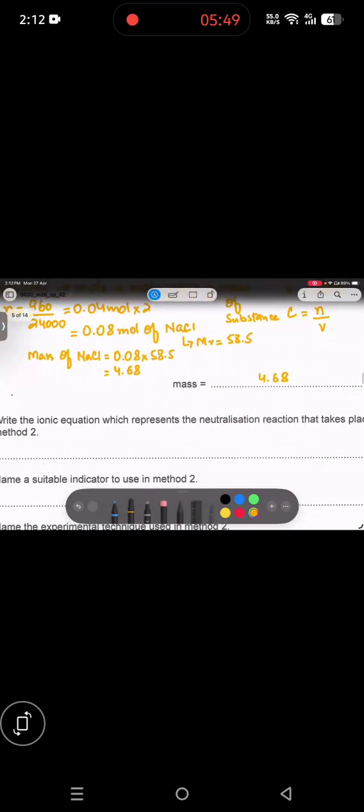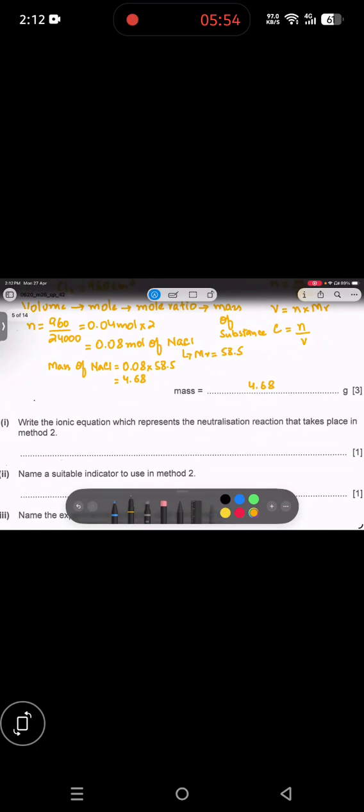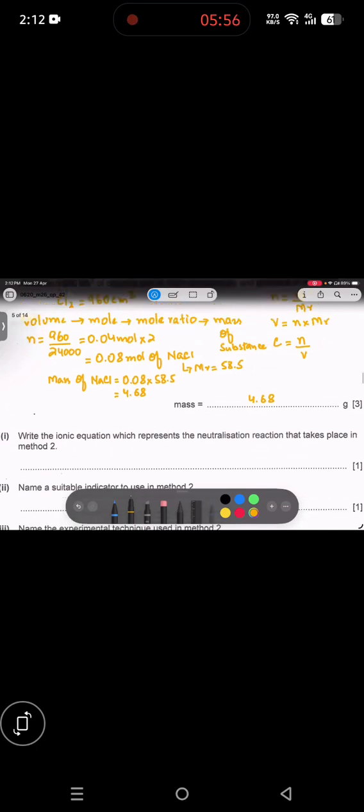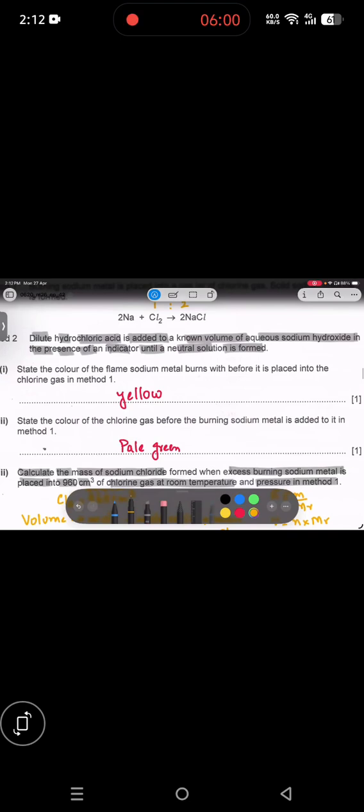Write the ionic equation which represents the neutralization that takes place in method 2. Method 2 is a titration method. Okay, and whenever a titration is done for an acid and a base, that type of reaction is a neutralization reaction.